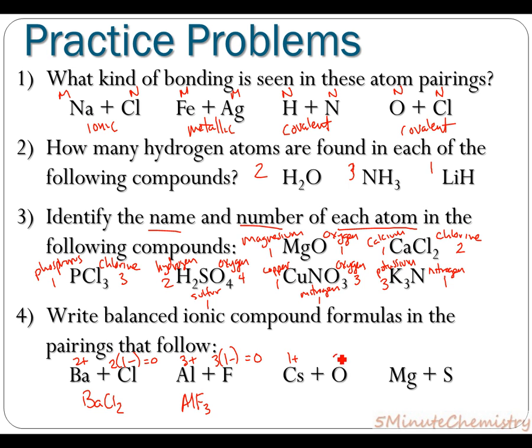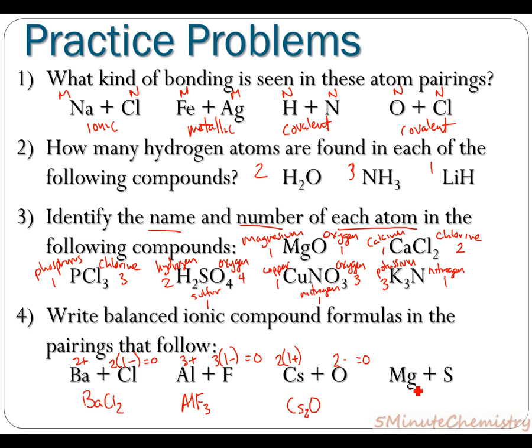If it gains 2 negative electrons, it gets a 2- charge. So in order to equal a 0 charge, I need to have 2 1+ to balance out the 2 minuses. This indicates that my cesium has to have the subscript of 2, and the oxygen, because we don't multiply it by anything, is left alone with no subscript.